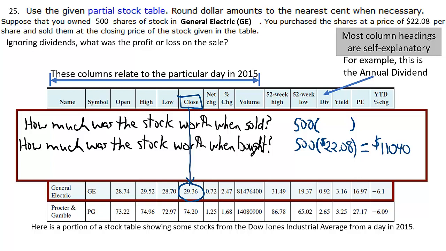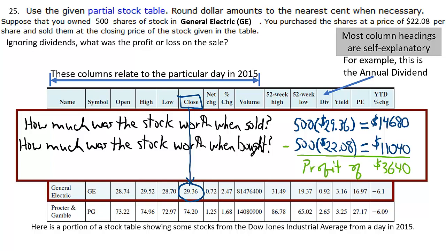The closing column gives you the information on the price per share when it was sold. So we want to multiply 500 by 29.36, and that comes out to be 14,680. That's bigger than the 11,040 that the stock was worth when it was bought. So we're going to have a profit, and if you subtract, you'll see that the profit is $3,640.